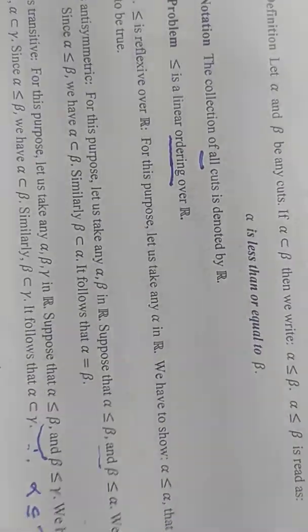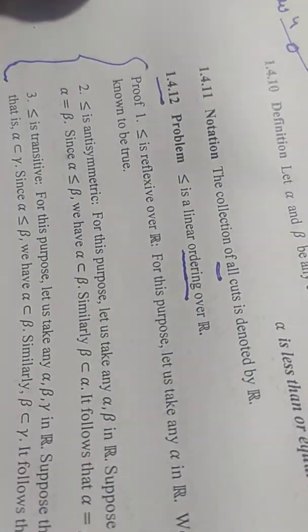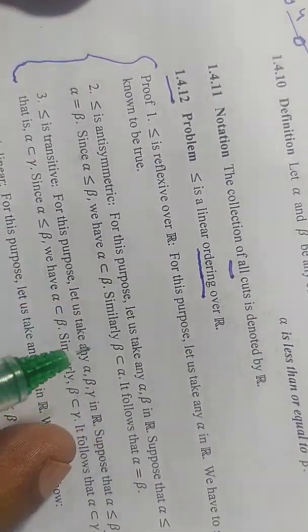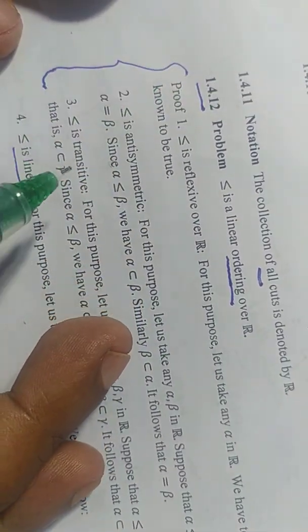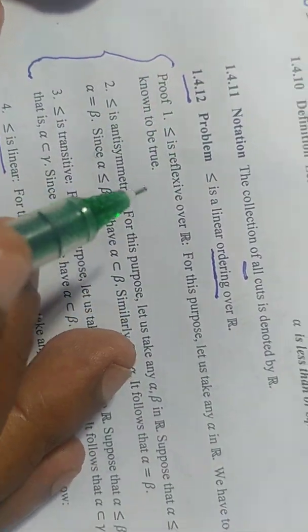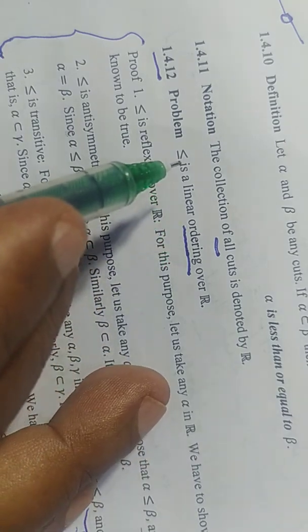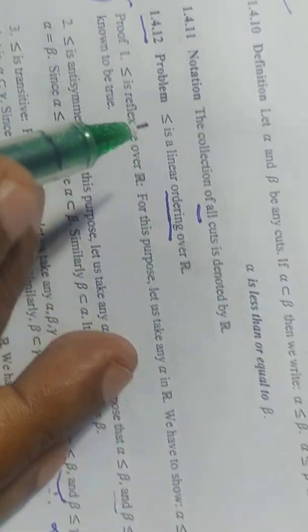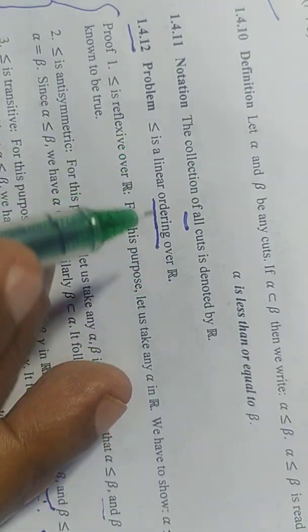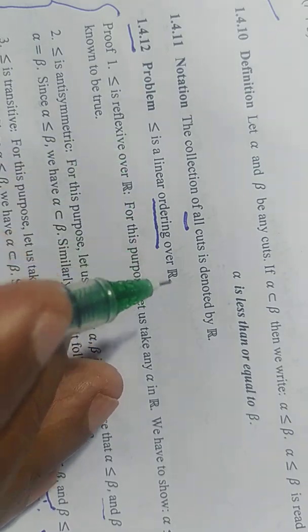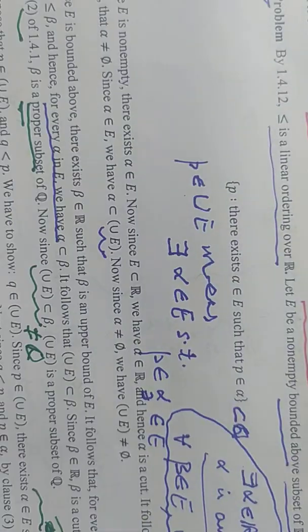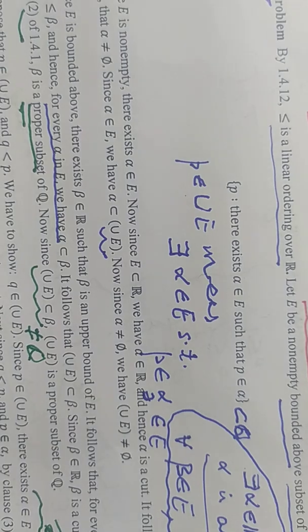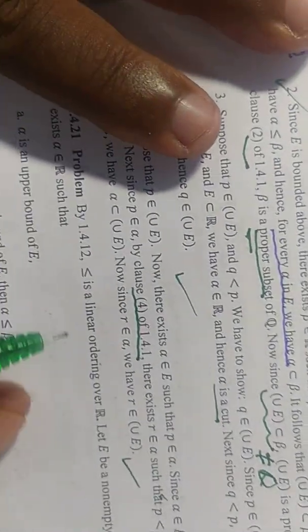So these four conditions are satisfied. They are condensed and written simply as: less than or equal to is a linear ordering over R. So this is a well-known result.